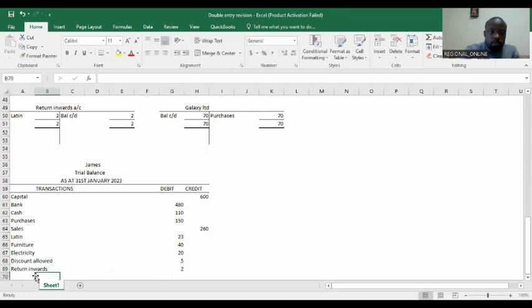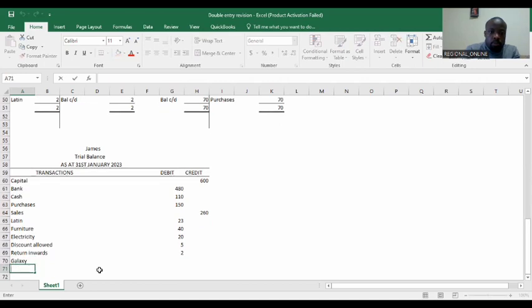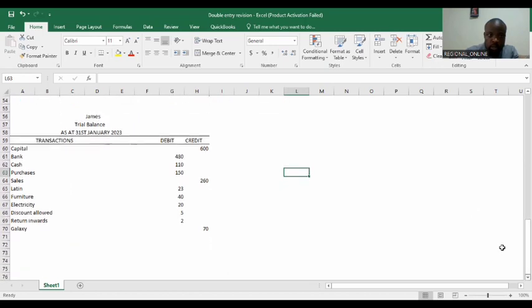And Galaxy, $70. So I think we have transferred all our closing balances into the trial balance. And now I can try to get the totals of the debit and the credit.